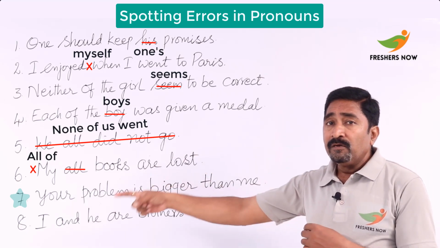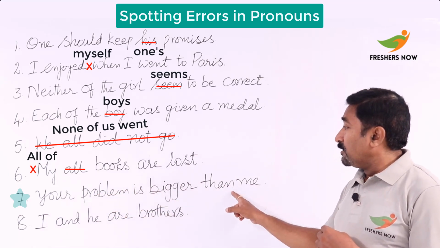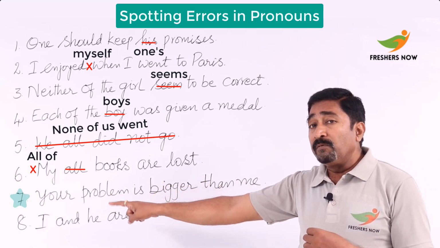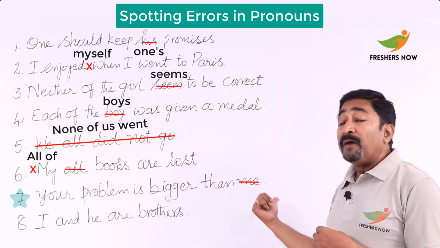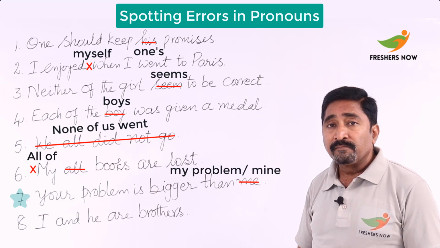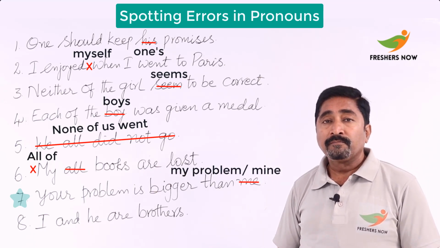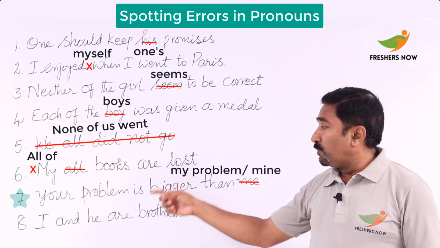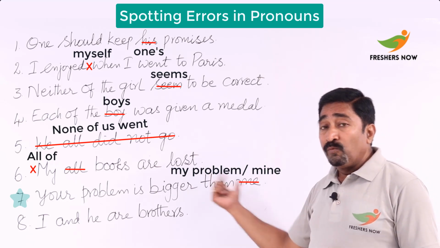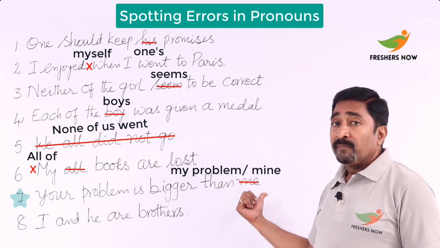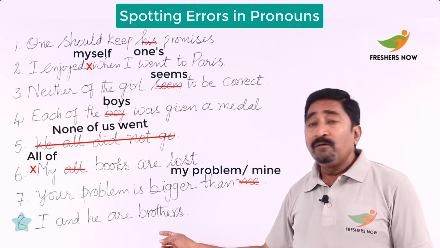Here your problem is possessive, so here as well we should use the same. That is my problem, or you can say mine. So your problem is bigger than my problem. That is how you make a comparison. And see the next one. I and he are brothers.